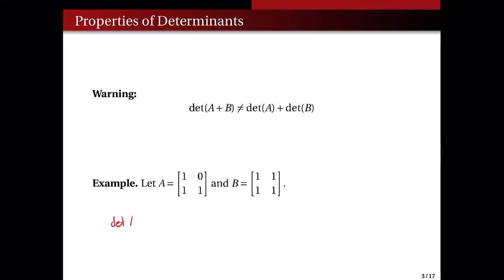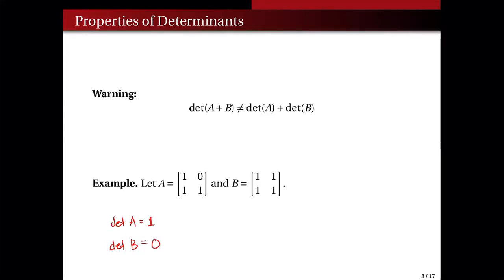And then the determinant of B, you can apply the same method, okay? You have 1 times 1 minus 1 times 1, so that's equal to 0, okay?